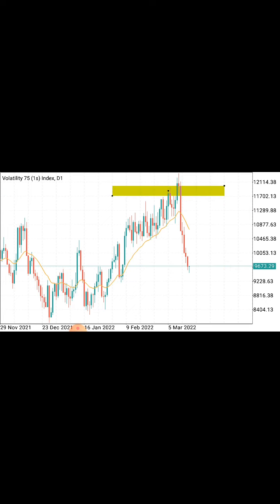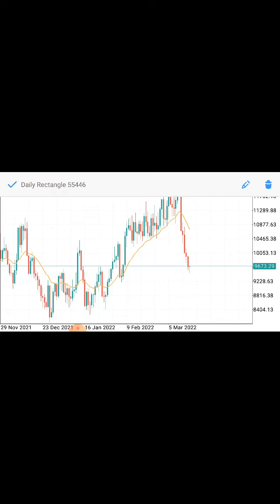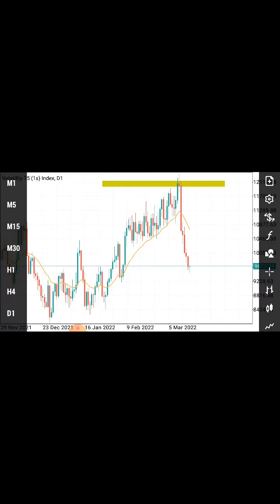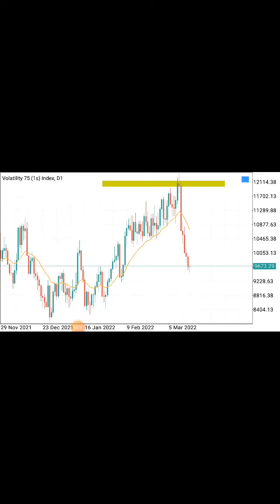So we're going to identify this level as our ceiling, as the highest level the market had gone, and we're going to identify the lowest the market had gone, which is our floor.